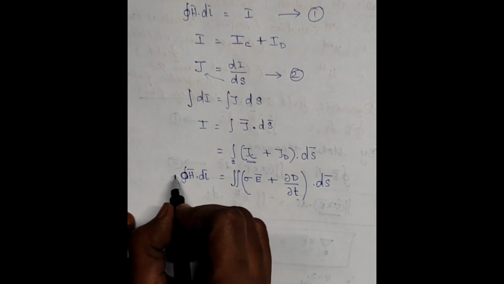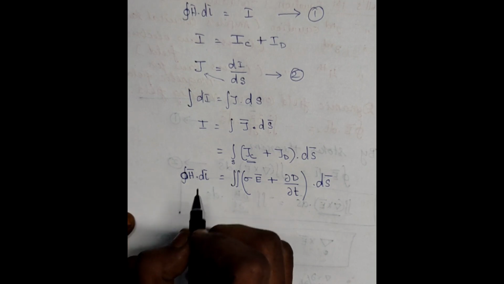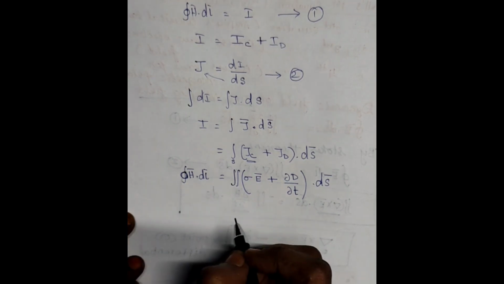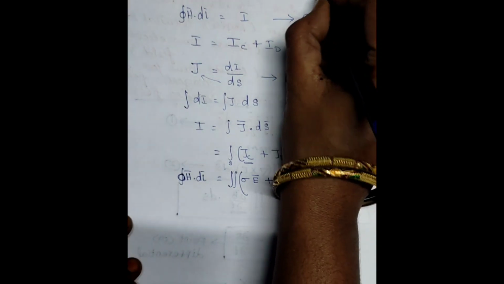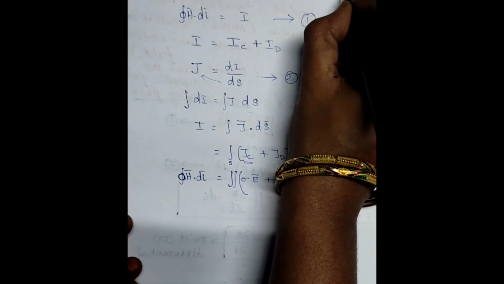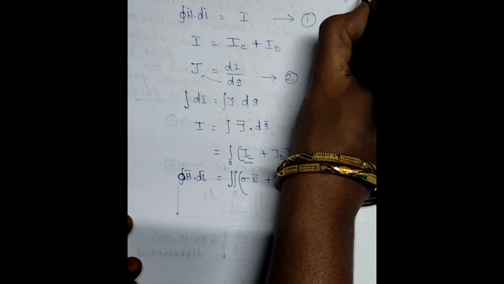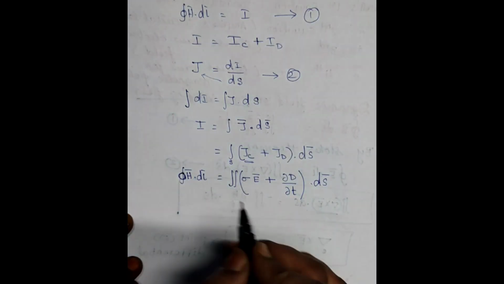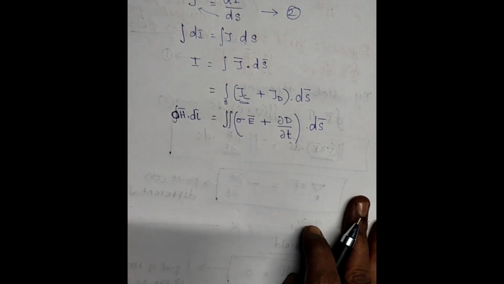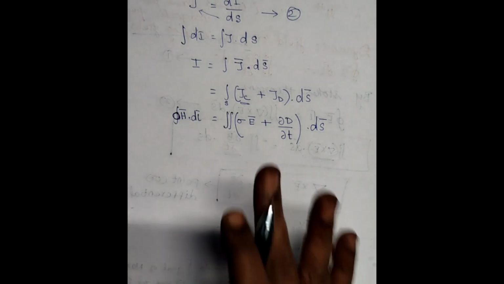This is the integral form of Maxwell's second equation for time varying field. For dynamic field, I am teaching you dynamic, otherwise time varying, both are the same. For static field, it is very simple. Static field means it does not vary depending upon time.